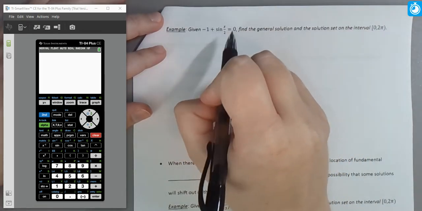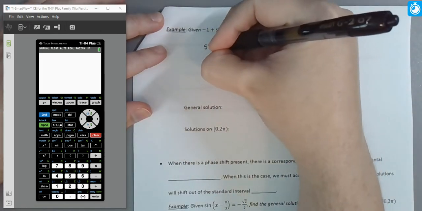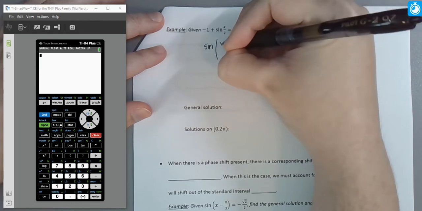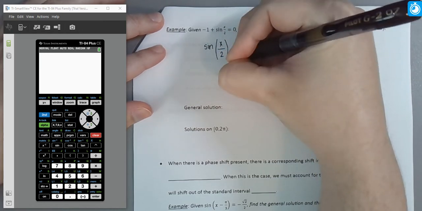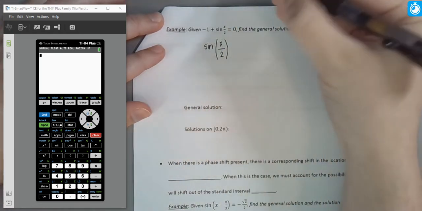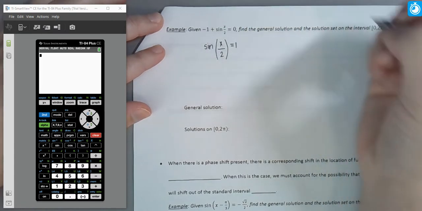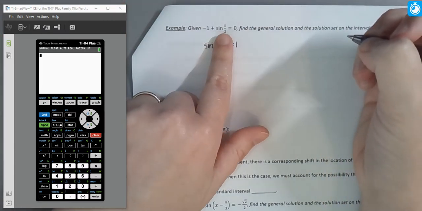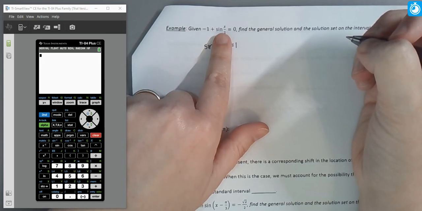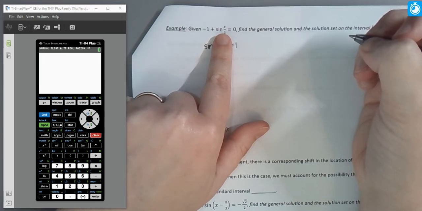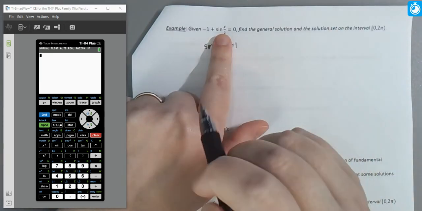So start by isolating your trig function. So sine of (x over 2), I'm going to put that in parentheses, add your 1, so that's going to be equal to 1. So sine of some value is equal to 1. What values from 0 to 2 pi are associated with a sine value of 1?